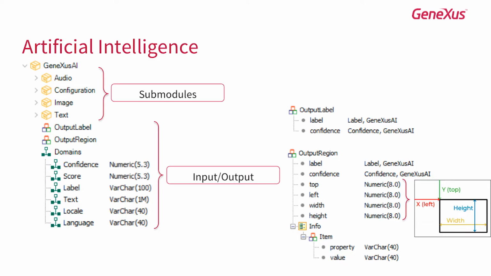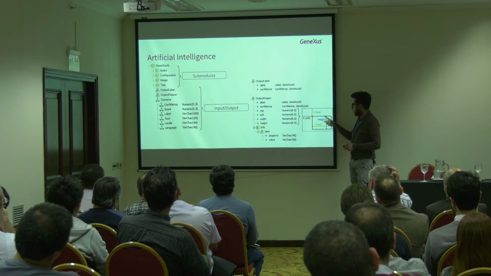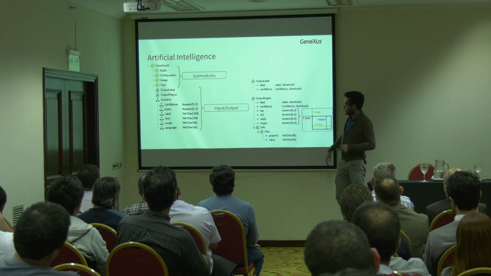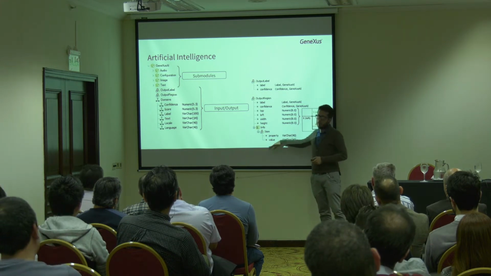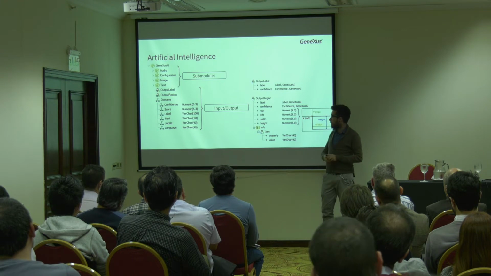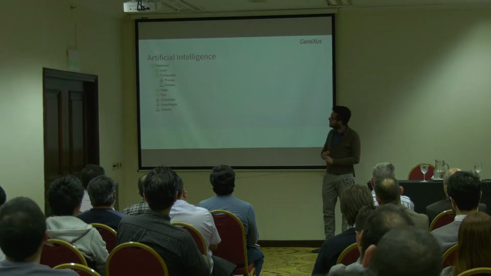What's this? Well, in order to draw a rectangle, we define the top, the height, the width, and we can draw this rectangle on an image. And these are metadata, additional information that the provider returns to us.